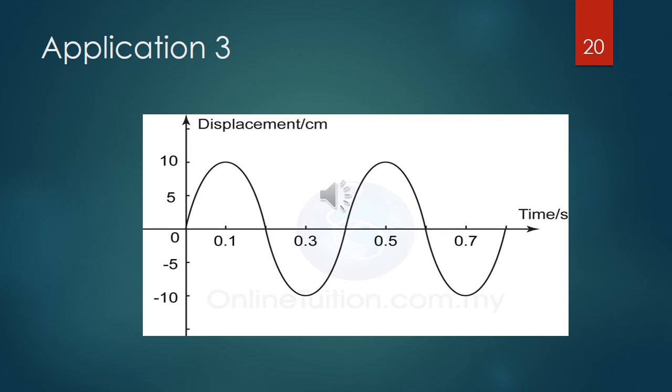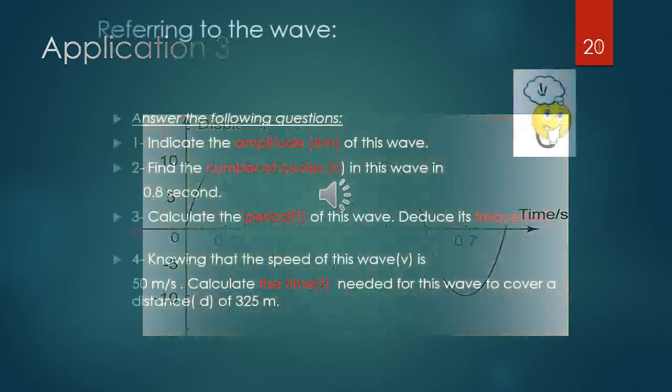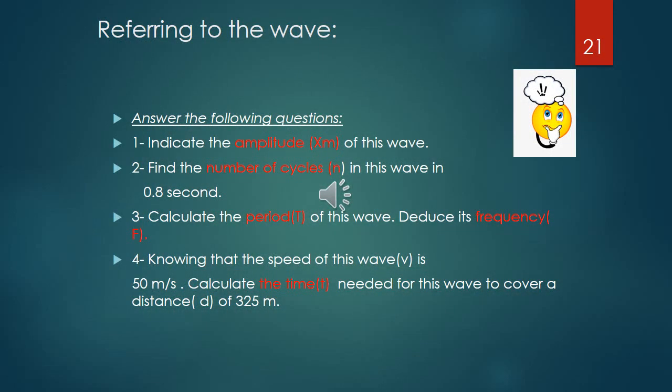Application number 3. Let's observe the following transverse wave and answer the following questions. One, indicate the amplitude of this wave. Two, find the number of cycles n in this wave in 0.8 seconds, or how many cycles are represented in this wave.